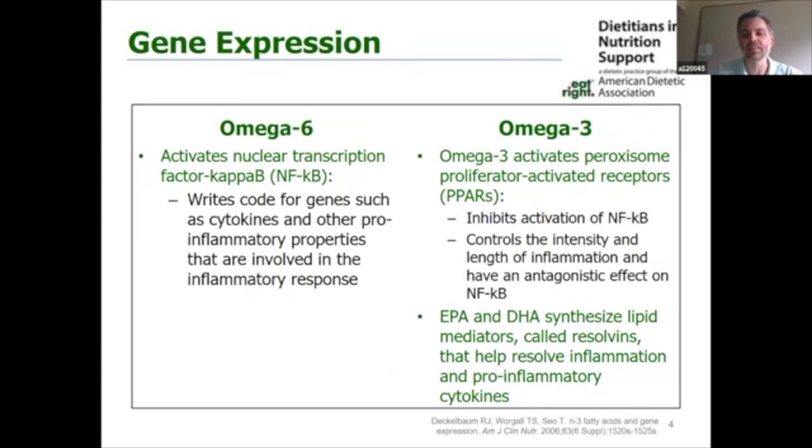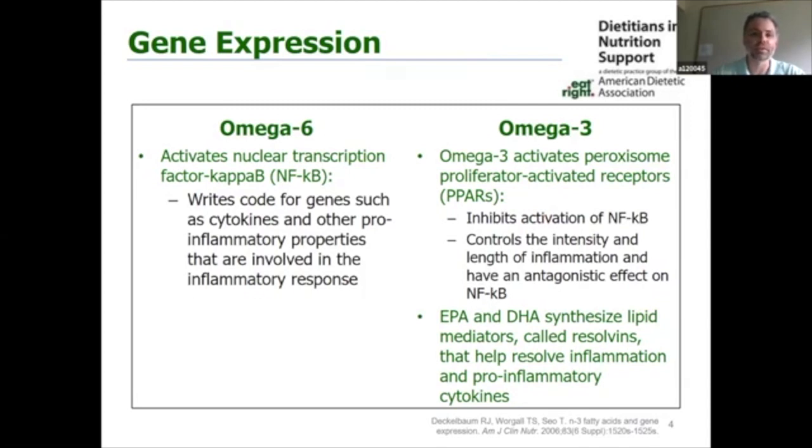In omega-6, it will activate a gene that's a pro-inflammatory gene. And if you want to know what it is, the nuclear transcription factor kappa beta. It writes many codes for a lot of different pro-inflammatory properties and characteristics.